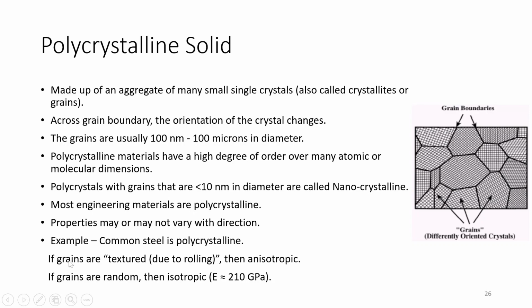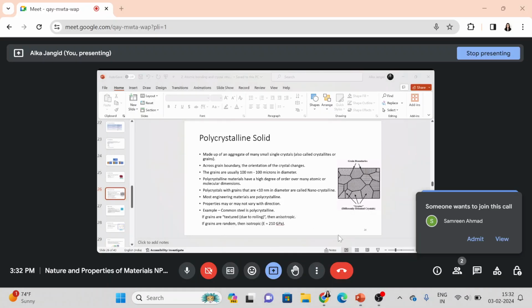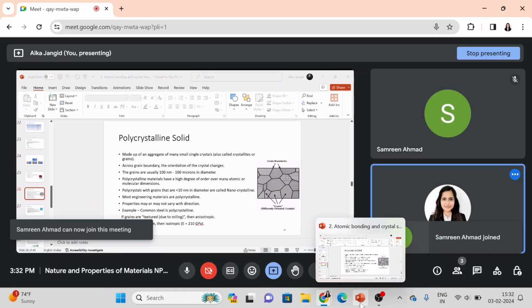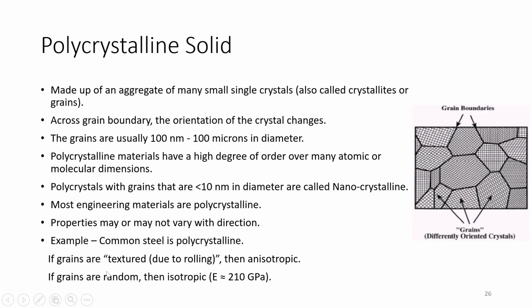If you have grains which are textured due to rolling or other processes, then it is anisotropic in nature. And if grains are random, then it acts as isotropic.